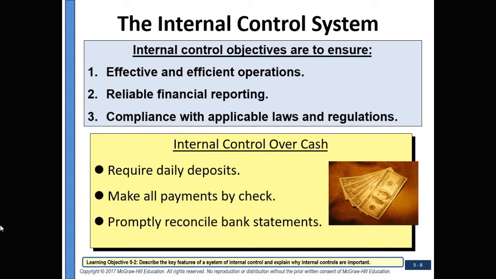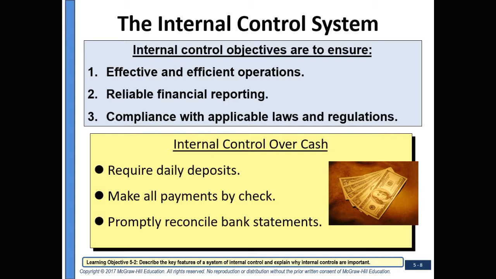With cash, we're talking about an area of the organization where things are moving often. You're receiving money, you're sending money. The more transactions there are in an account, the higher the likelihood of errors. And then, of course, the higher the likelihood there is of potential theft and or fraud.